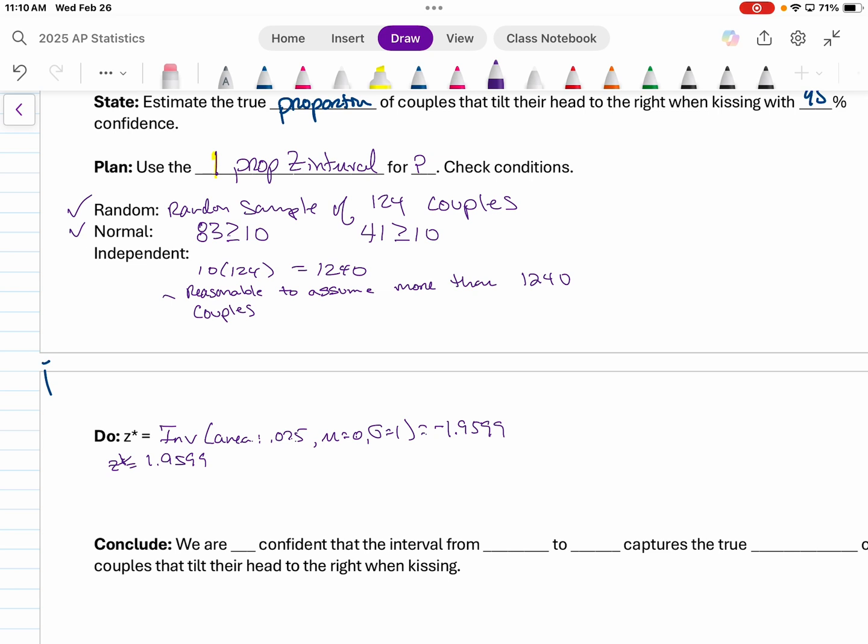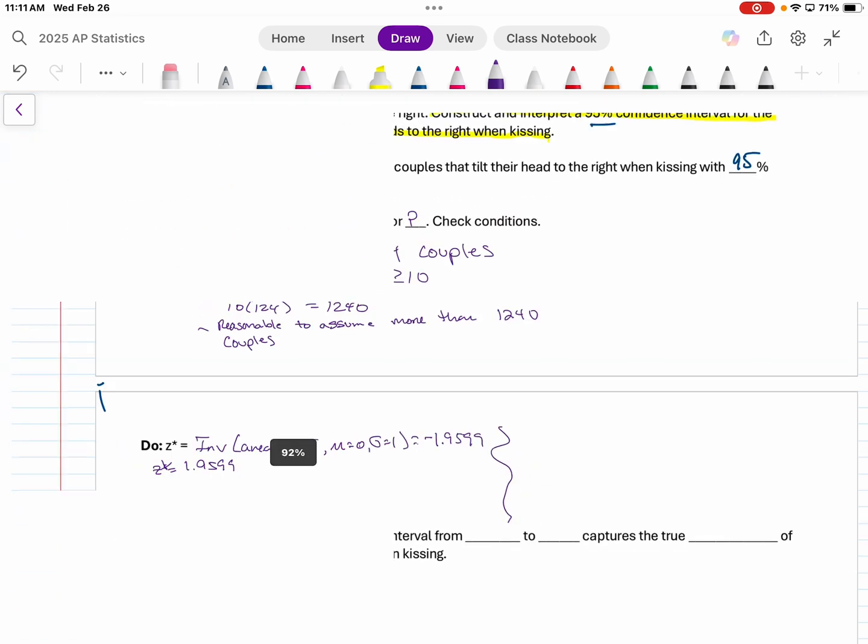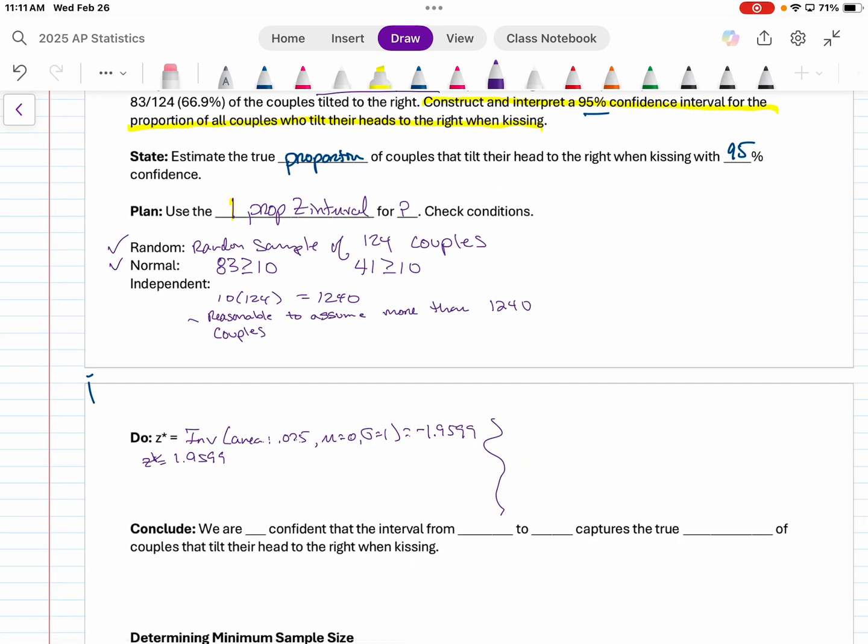So now, technically, this is if you're doing it by hand. So now we would go through the whole process. Now they did give us p hat. Our p hat was 66.9%. So that's technically 0.669.